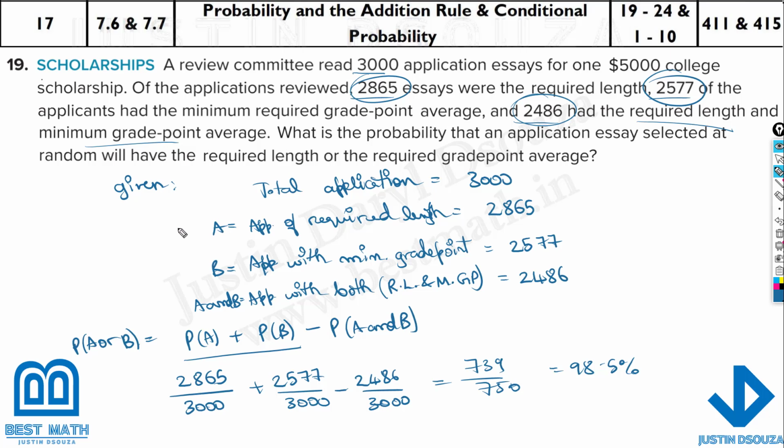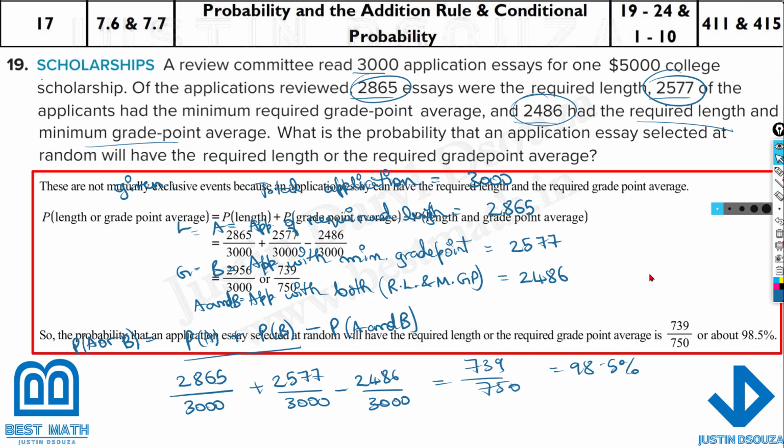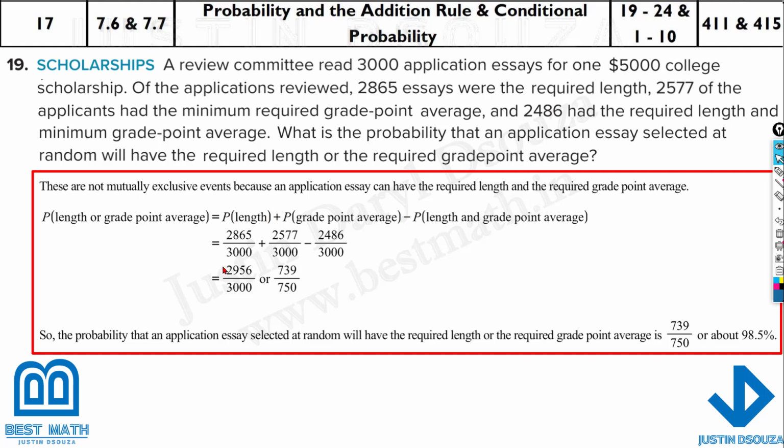You can write L for length and G for grade points instead of A and B. That's up to you. But I take the first thing as A and the second thing as B. You need to write so much, then you'll get full marks in writing as well. The main concept is only that much. But it would be really nice if you write the given, write a step with all these values, then write whatever is given over here, and then the final answer.